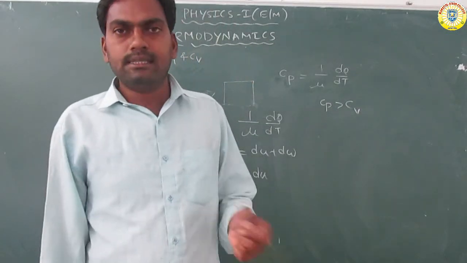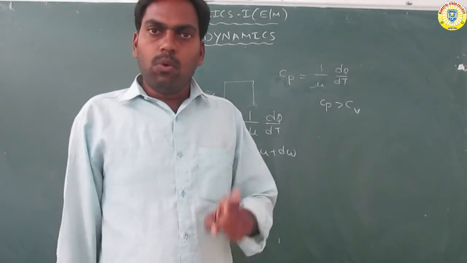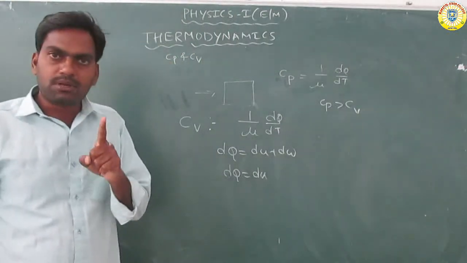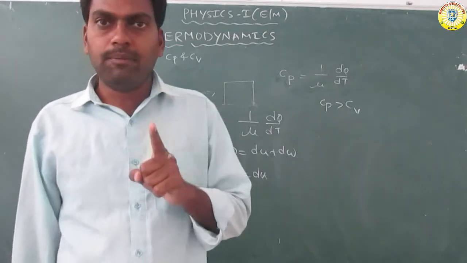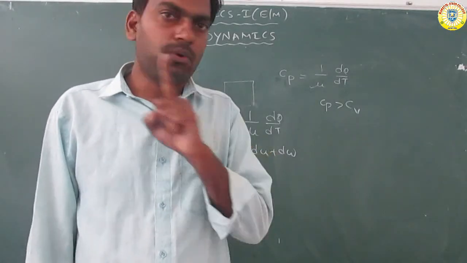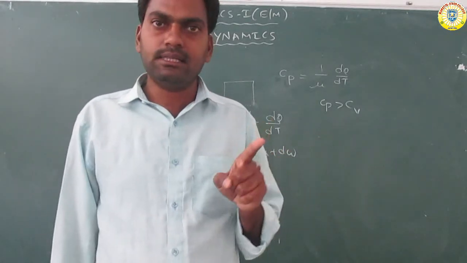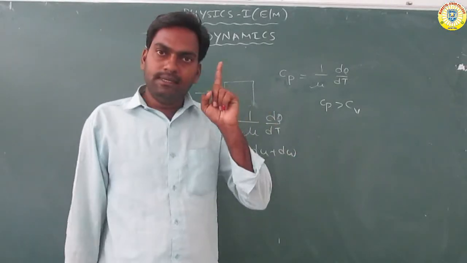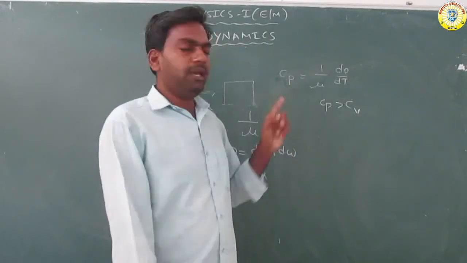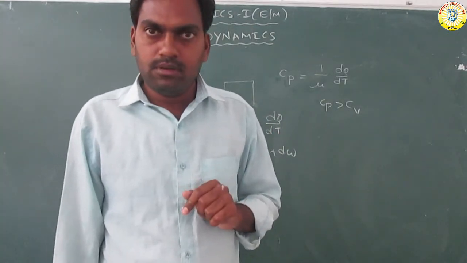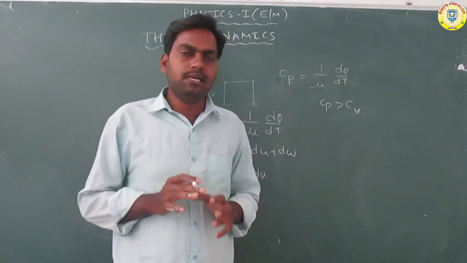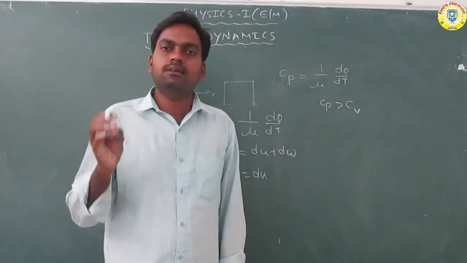Cv is used only to increase the temperature, meaning internal energy is developed, with no expansion and no work done. But in Cp, internal energy is developed and some work is done by the system. So the conclusion is that Cp is greater than Cv.